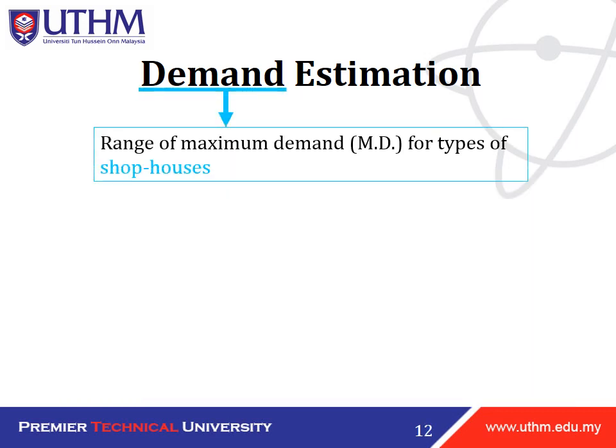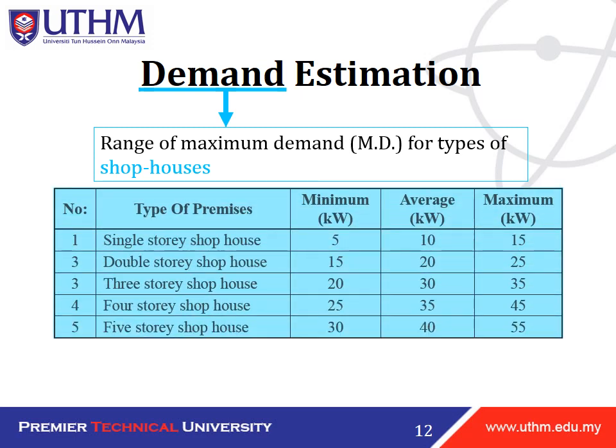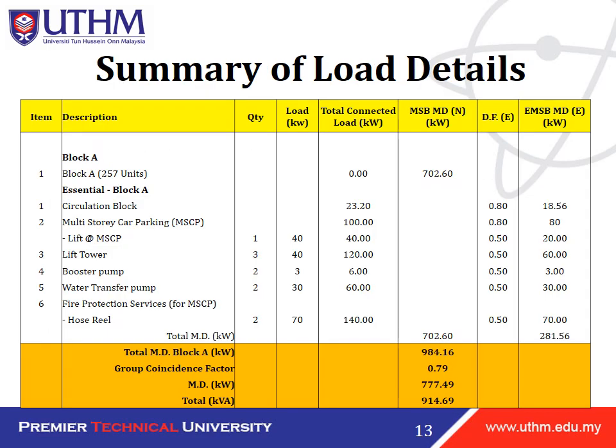And then the range of maximum demand for types of shop houses are as follows. We have single story, double story, 3-story, 4-story, 5-story shop house with different values of minimum, average and maximum demand.